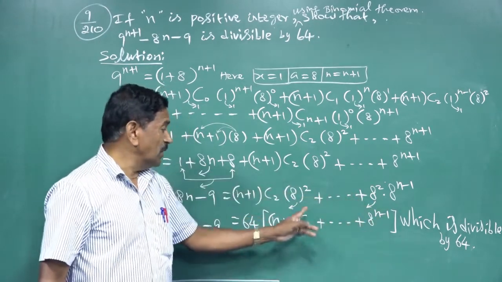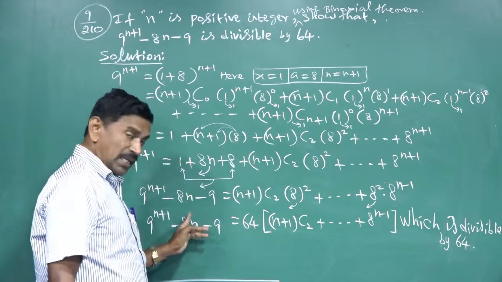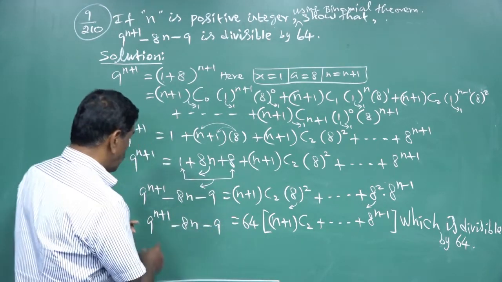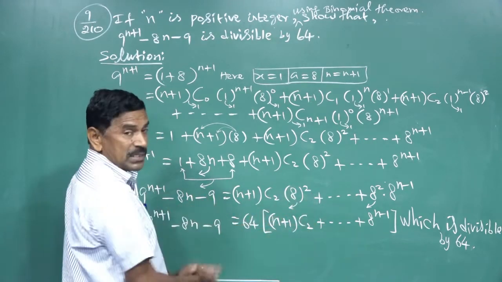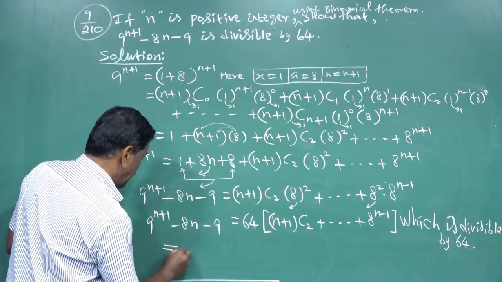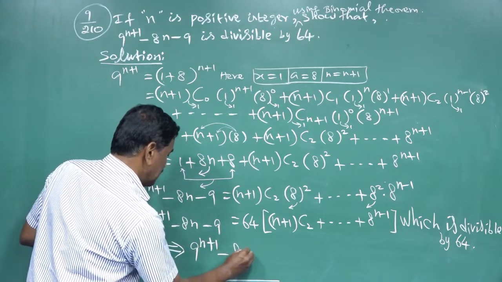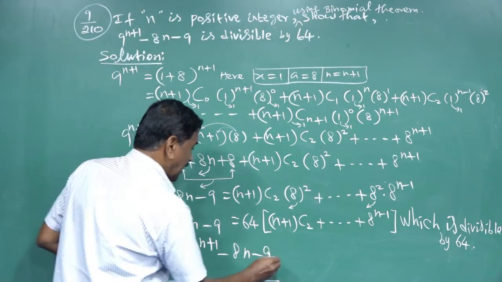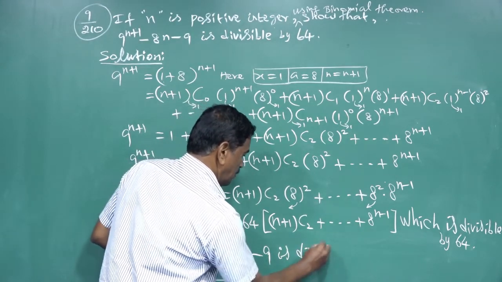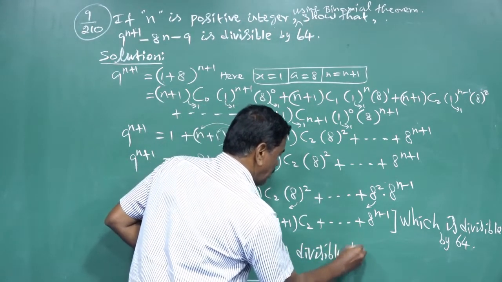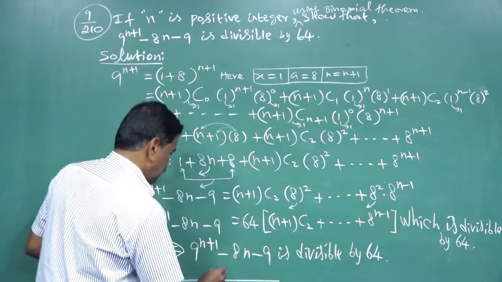It means this right hand side is divisible by 64, which means its left hand side answer is divisible by 64. Therefore, 9 power n plus 1 minus 8n minus 9 is divisible by 64. So, hence proved.